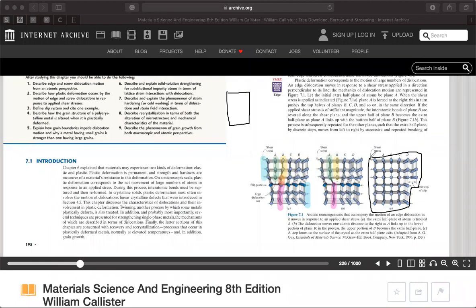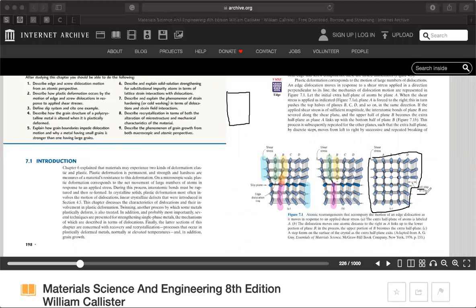So now the extra half plane of atoms moved from inside the material all the way to the outside. Now, if one dislocation moved, that will result in a deformation equal to a unit step of slip.